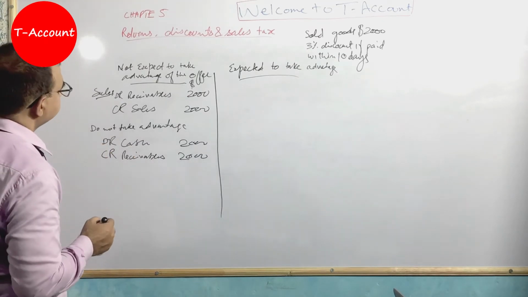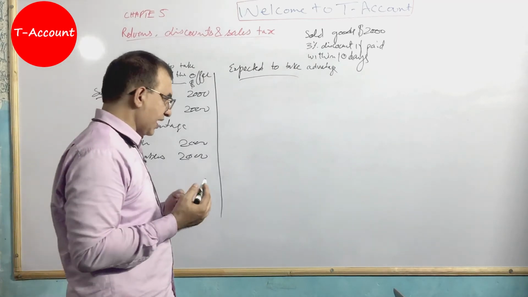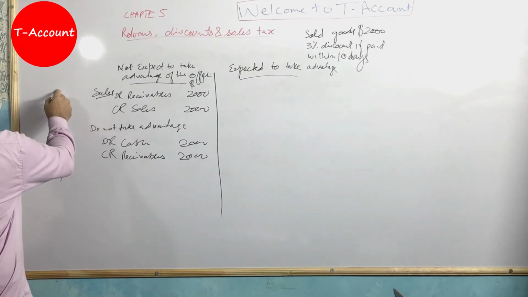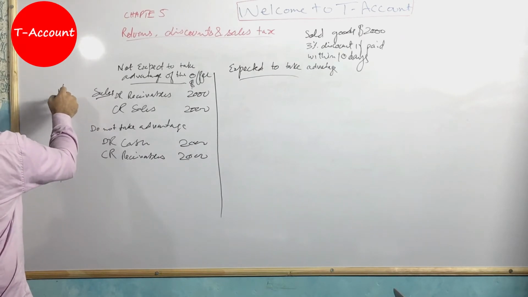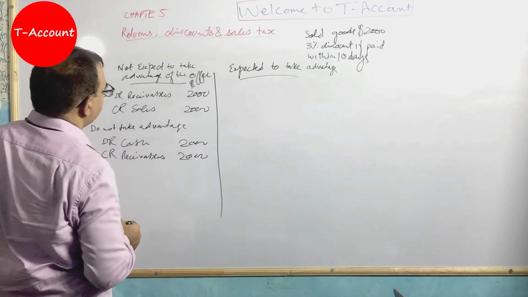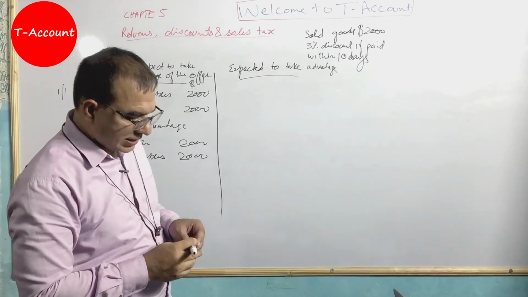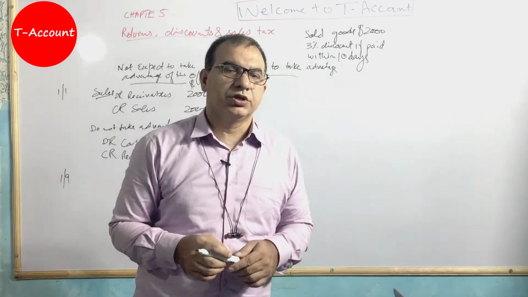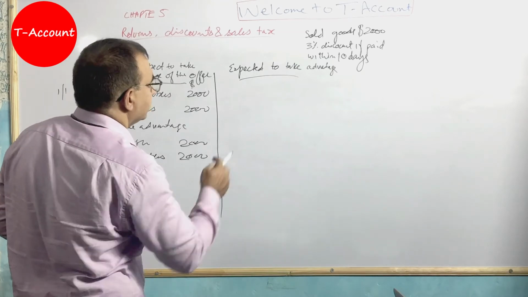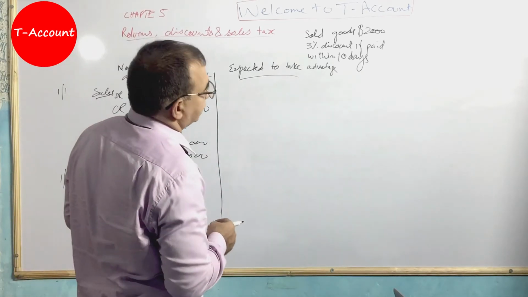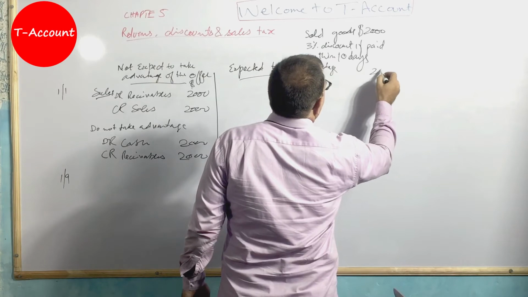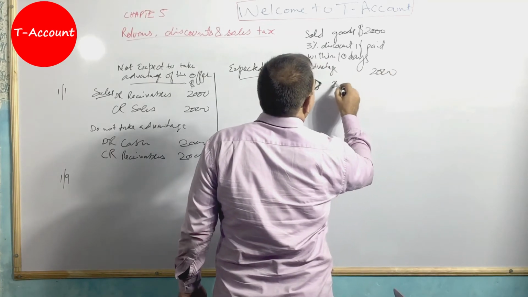What if they unexpectedly come on the 9th? You sold on, let's say, 1st of January, and they came on the 9th and they paid. Then what will happen? Now you cannot ask them for $2,000. You will have to accept 2,000 minus 3%.